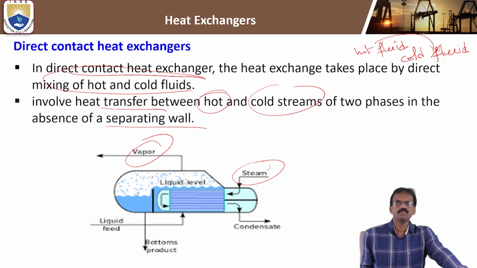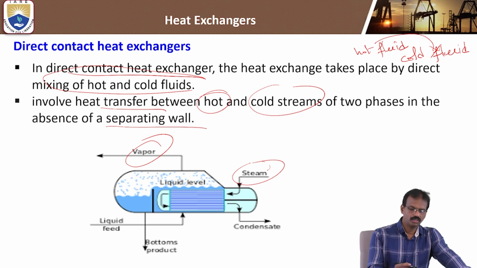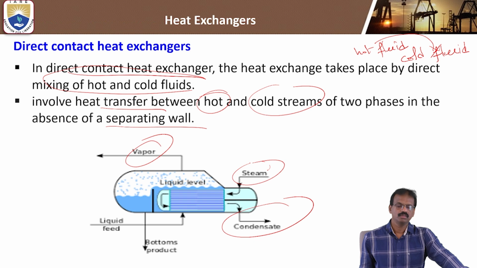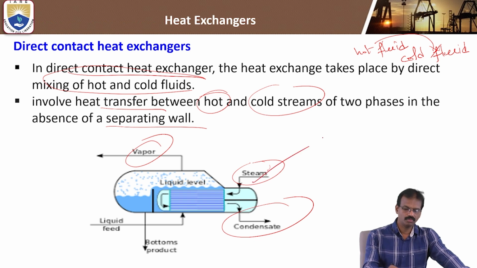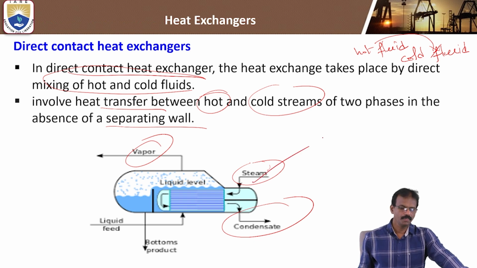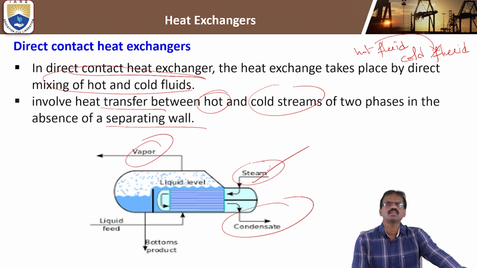The heat transfer takes place from the hot fluid to the cold fluid by mixing directly. Here you can see we get the condensation by cooling the vapor with the help of a water or fluid stream. This is one of the examples of a direct contact heat exchanger.